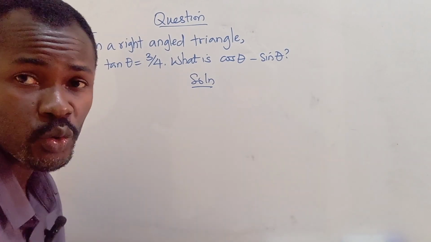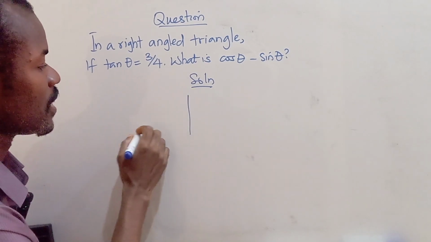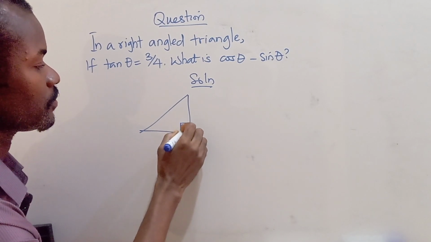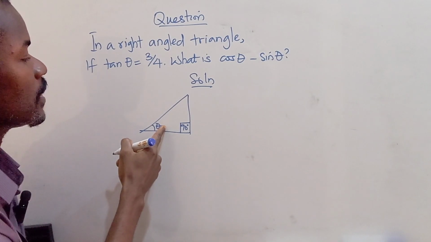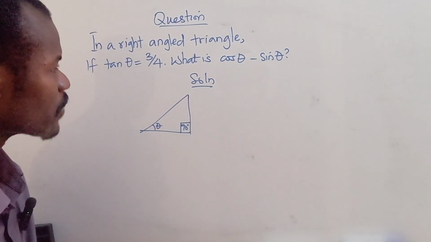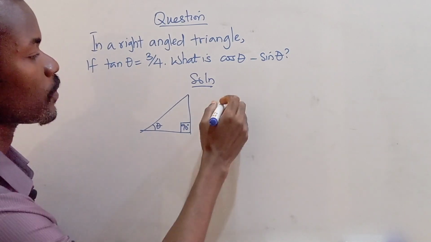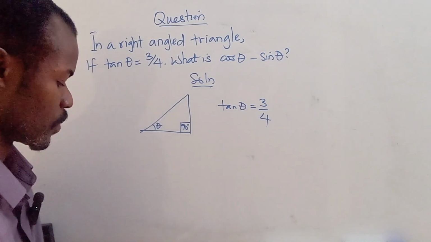Now the first thing we want to do is quickly represent the right angle triangle. Remember, this is 90 degrees. We have the angle here, theta. So we're already given tan theta is equal to 3/4.